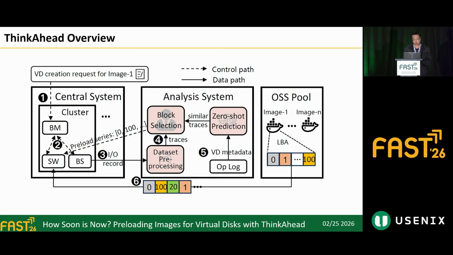And we also need to address some corner cases where we just don't have enough historical traces. Even though it may not be very common, it still exists. So we need to address this zero-shot prediction to retrieve some trace sequences, not directly from the same image, but from some similar images, which we address in our design.